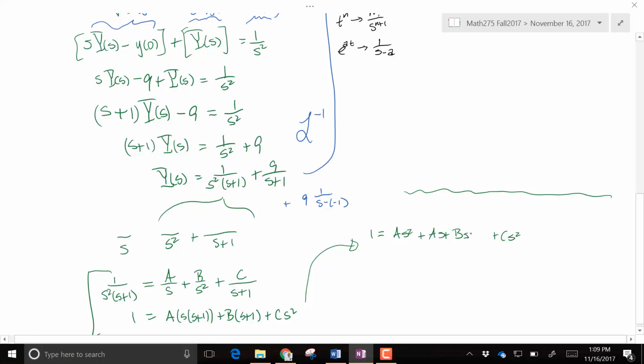This is just b s plus b. So this is going to be 1 equals a plus c, s squared, and then I have a plus b, s.